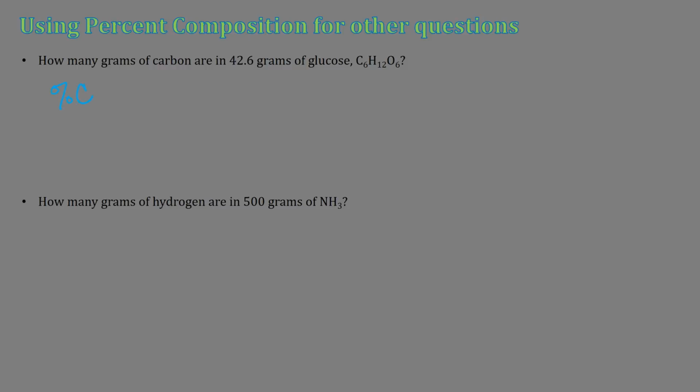So the percent of carbon would be 12 times 6 divided by the molar mass for this. If we add them all up, 6 times 12 plus 12 times 1 plus 6 times 16 is 180.